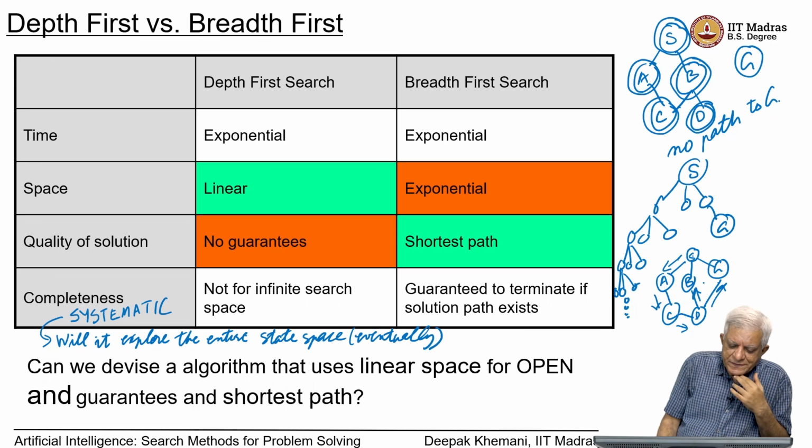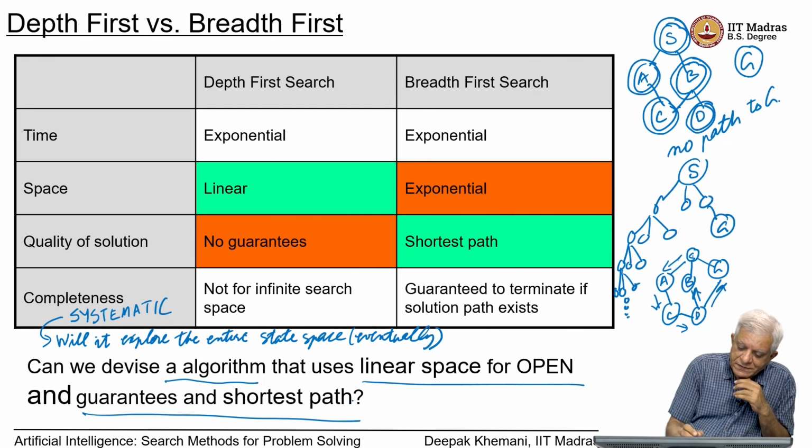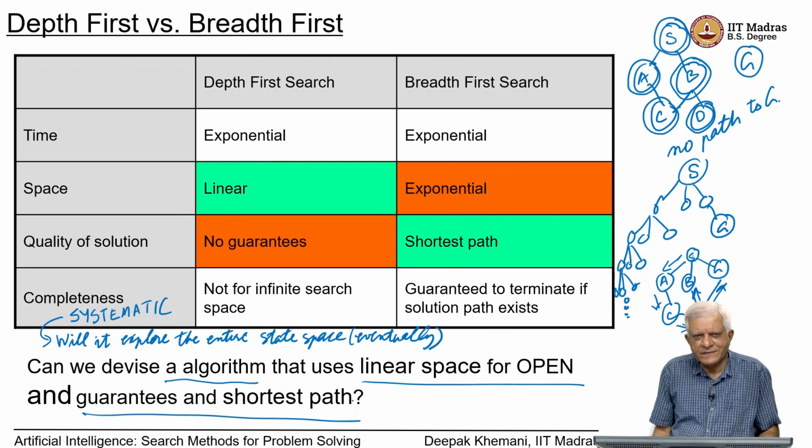But for the moment, we will turn our attention to an algorithm that uses linear space for open, which means it has the good property from depth first search, and guarantees the shortest path, which is a good property from breadth first search. Is there an algorithm which combines these two things? I will ask you to think about this, and we will take this up in the next session.